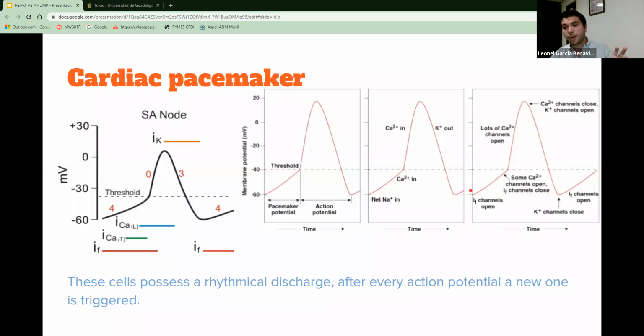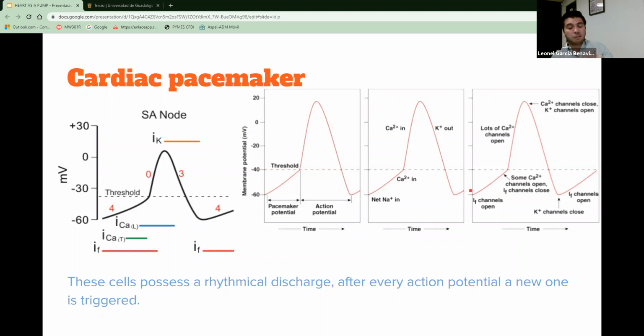All of this comes from the physiological pacemaker, the SA node. However, in some pathologies, we can have other pacemakers, like the AV node. It can become a pacemaker if the SA node has some type of pathological manifestation going through it.